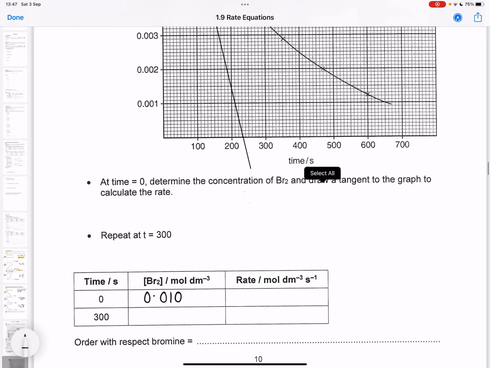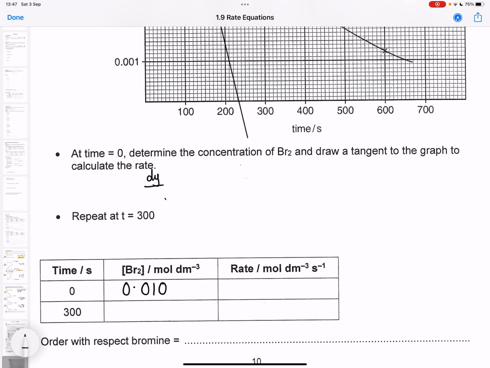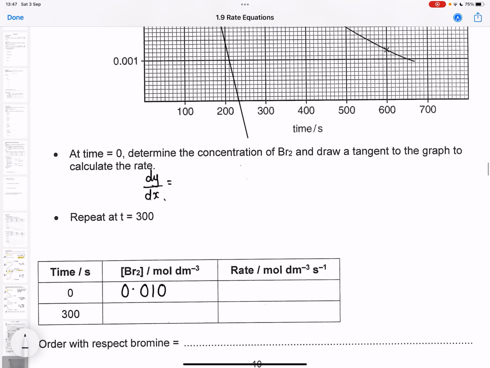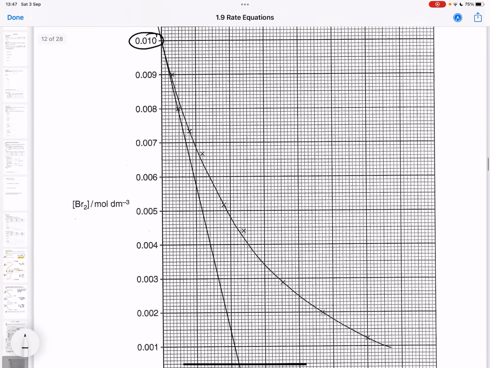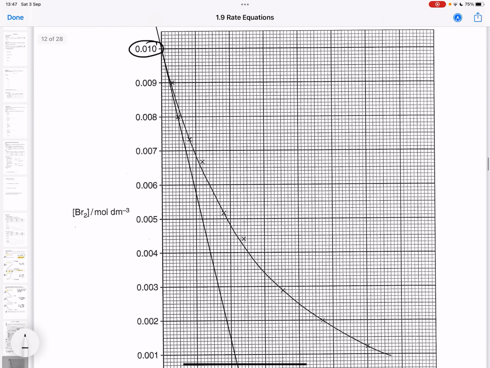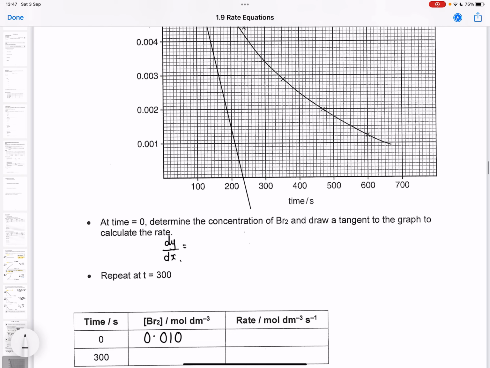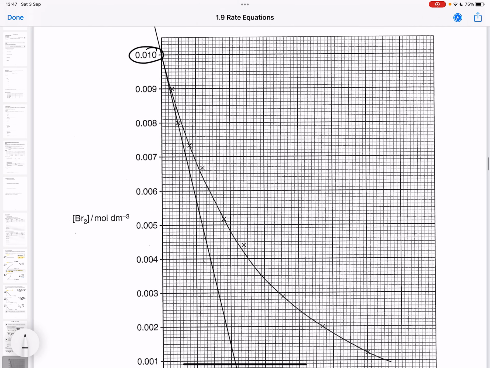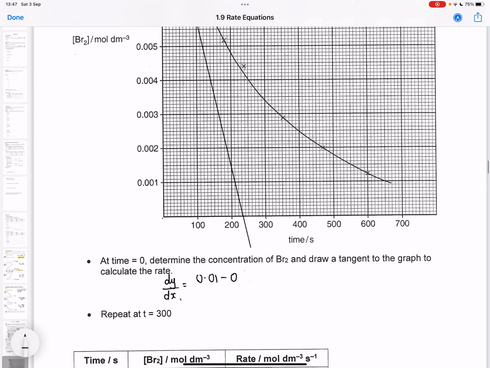So remembering that our gradient is dy by dx. Now I drew a really nice big triangle, so I'm all the way to the axes at both sides. So I can say that my dy is 0.01 minus nothing, from that top point there to the bottom of my triangle at the origin. And my x-axis values are 230 minus nothing.